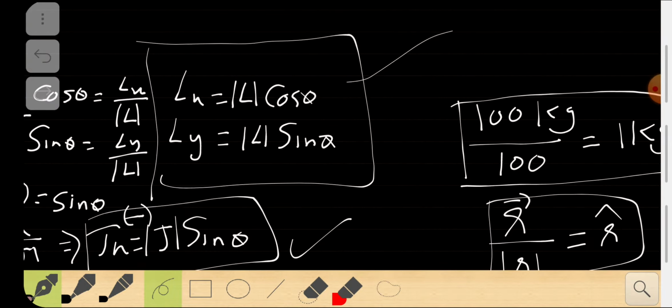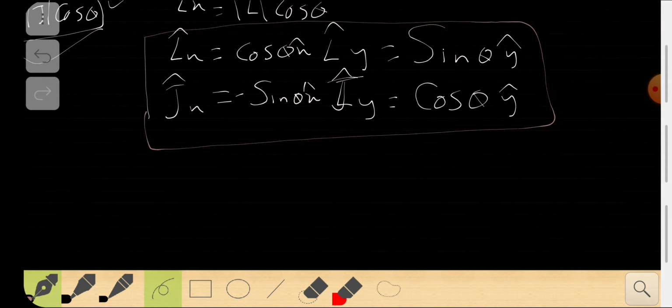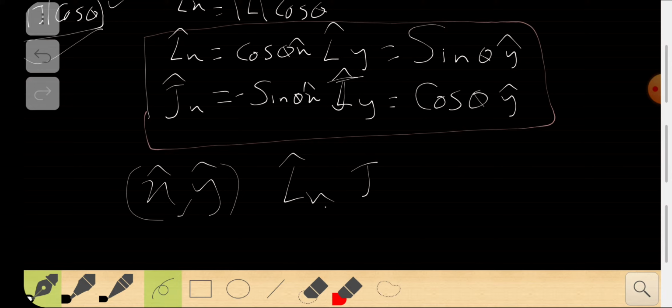We knew x and y, right? We have transformed our system from x cap and y cap into the l and j system. So we have transformed this into that.